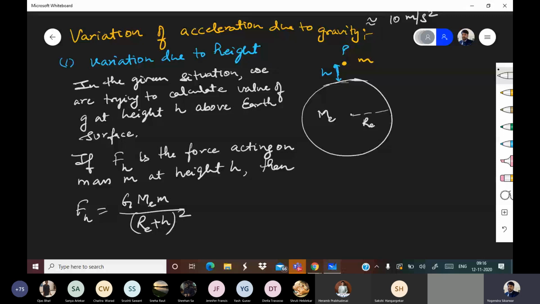This will be the force. So Fh is equal to G Me m upon (Re plus h) whole square.